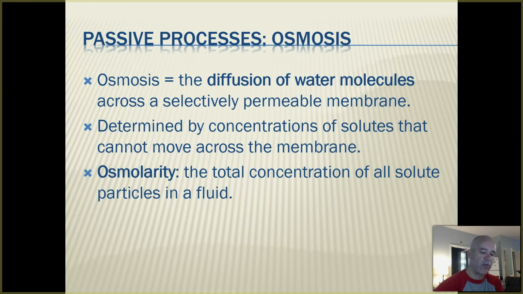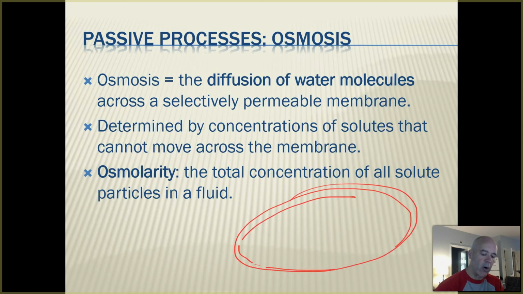Okay, so osmosis: the diffusion of water molecules across a selectively permeable membrane. And in biology, when we're thinking about selectively permeable membranes, those of course are our cell membranes. You have water in your extracellular fluid. You have water in your intracellular fluid.